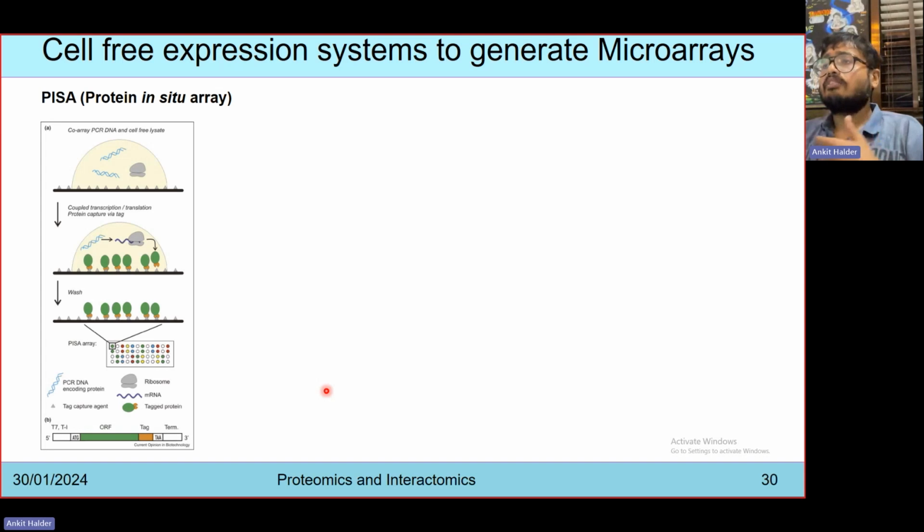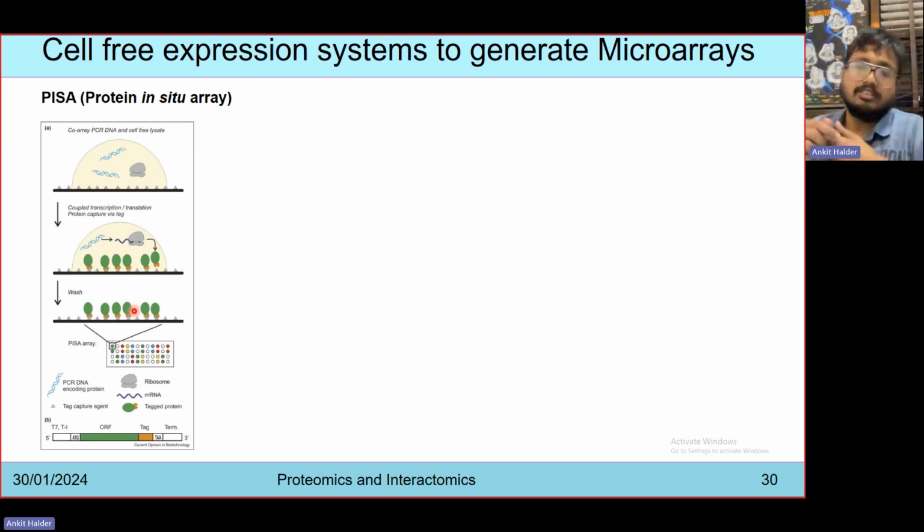So these are some of the cell-free expression systems to generate the microarrays. For example, PISA, or the protein in situ array, where it takes the PCR DNA and the cell-free lysate, and it is coupled with transcription, translation, and protein capture by tag.